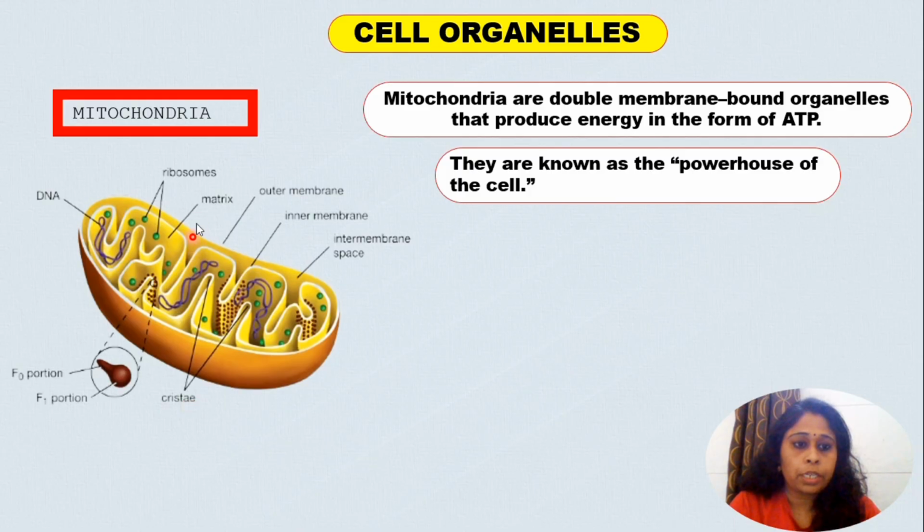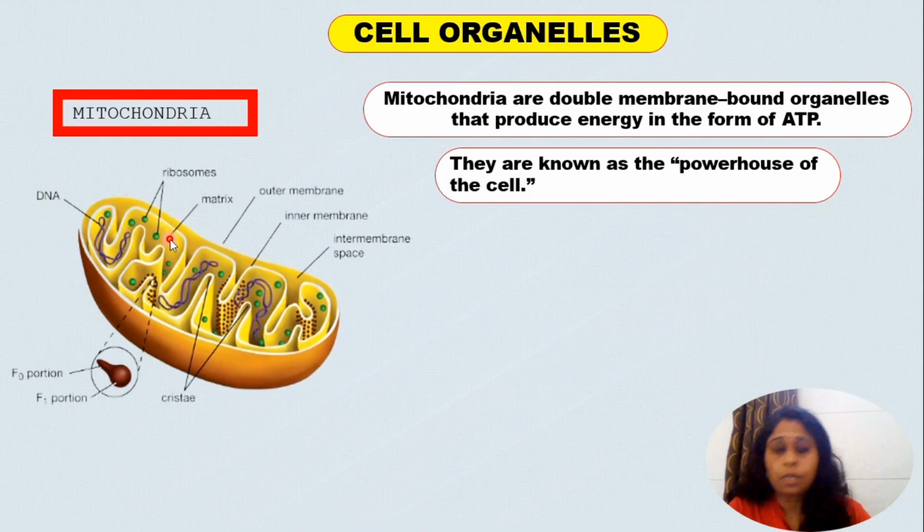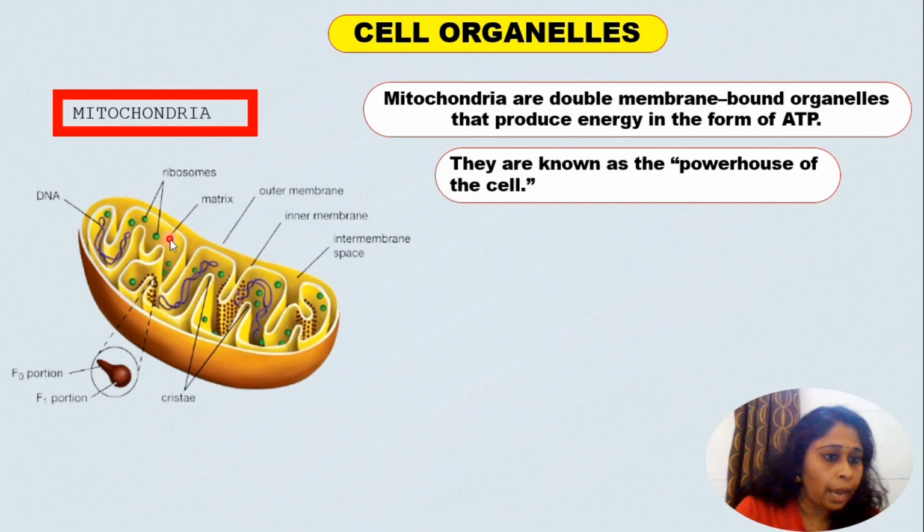Okay, now what is matrix? This one is matrix. So matrix is fluid filled inner space. It has a fluid which contains enzymes, mitochondrial DNA and ribosomes. Okay, so these are inside the matrix. Ribosomes are present. The DNA, mitochondrial DNA.